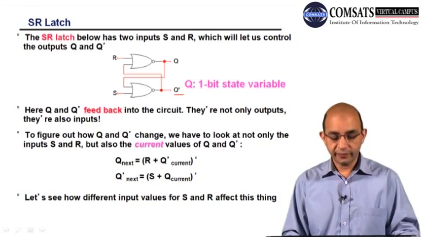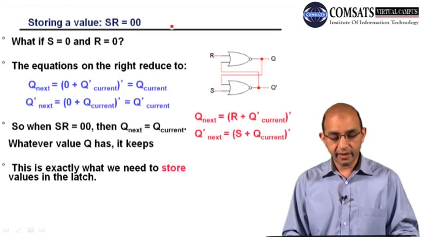So let's try different values for S and R. We will start from 0, 0, when both S and R are 0. If we place 0, 0 in this equation, we will be calculating Q next, and we are getting Q current.